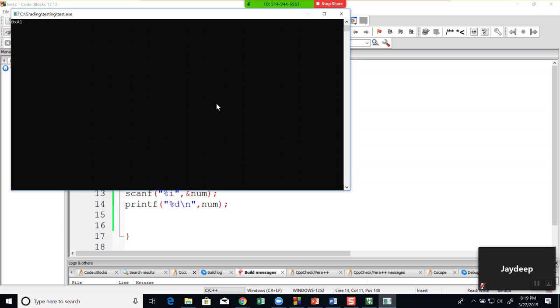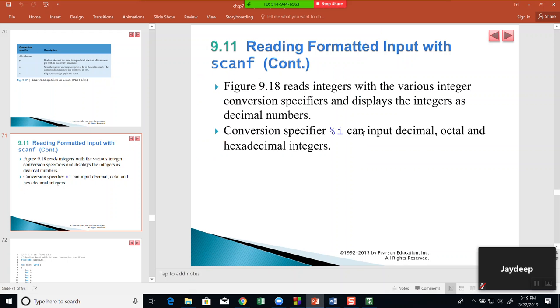A1, 161. I didn't put the 0x on there. I don't know what octal was. Do you remember octal? Was it c? Yeah. But if I knew the character to put in for octal, then I could input it in that format.